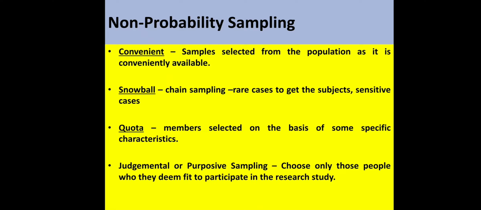So it is purely purposive sampling. It is based on your judgment, your decision. If you think that the subjects or the participants fulfill your criteria, then you can select.